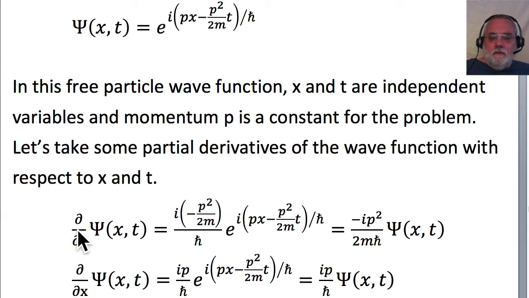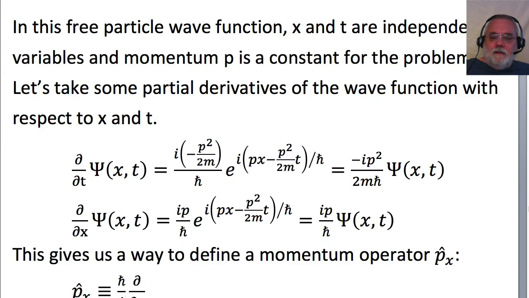So the time derivative of psi is minus i p squared over 2m h bar times psi. If we take the derivative with respect to x, it brings down a factor of i p over h bar. So we get i p over h bar psi of x and t.